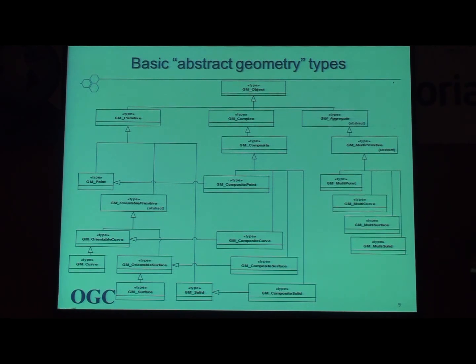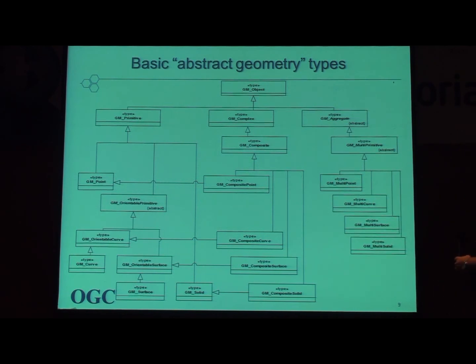The other thing that's sort of complex, and I'm not sure we need, is the multi-point, multi-surface, multi-curve, multi-solid thing, which was put in there for the SQLNM folks. It's totally unnecessary because the aggregate itself has a way to restrict its members to a particular class.